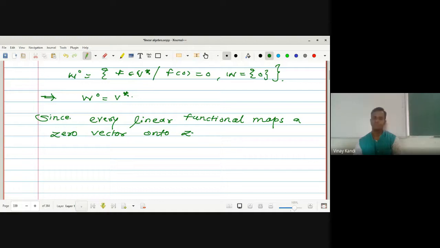Why scalar? Because the codomain is our field. So every linear functional maps the zero vector onto the zero scalar. Therefore, annihilator of W is equal to V star.